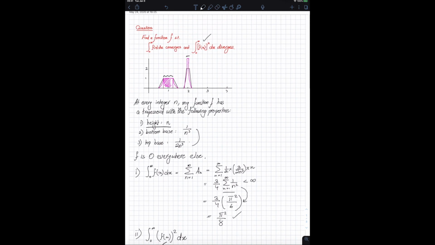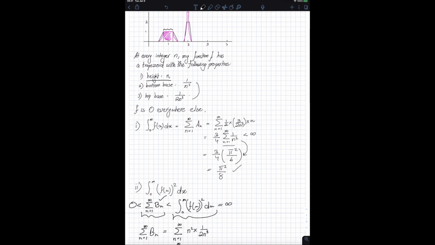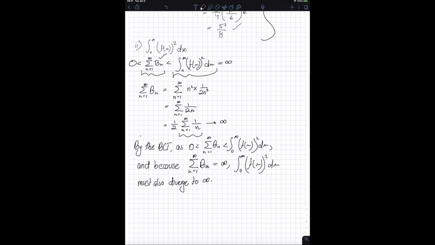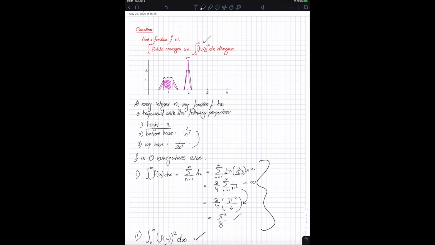So the idea behind this question is quite simple. To find a function such that the integral from 0 to infinity of f of x converges is very, very simple. It's harder to prove that the square of that function will diverge. But this is the idea you go about when you're solving such questions.